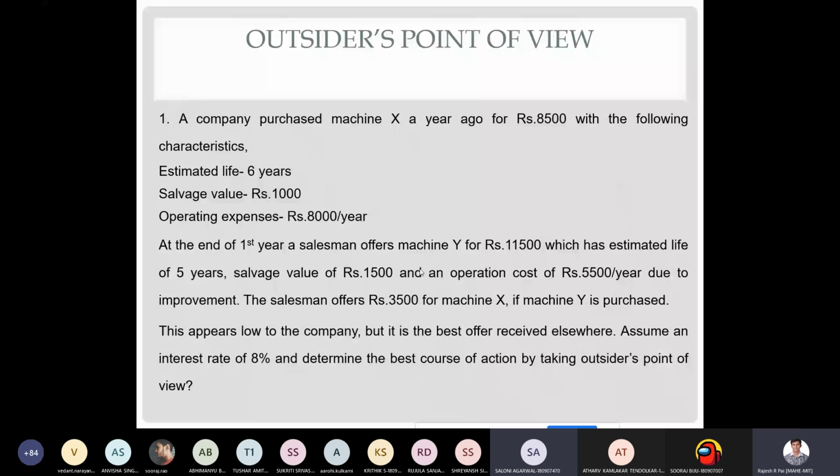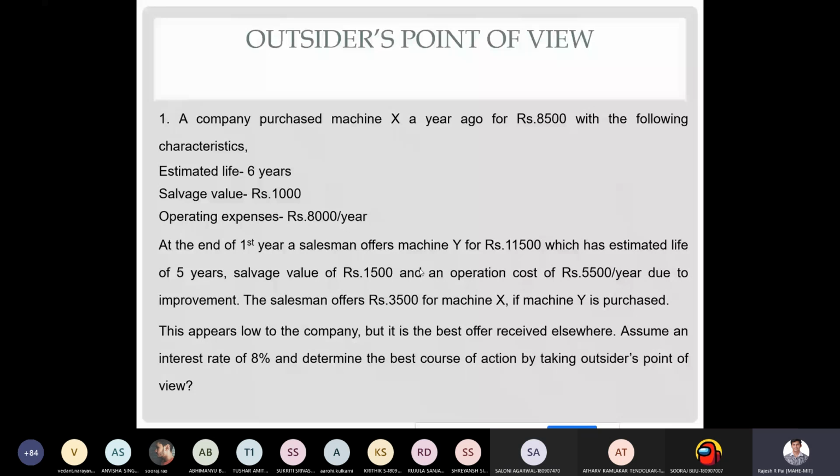As well as for the older machine, during the time of deassembling the components when you are going to replace it, the cost associated with it will be deducted from the salvage value to arrive at the net salvage value. So those two components you need to consider.